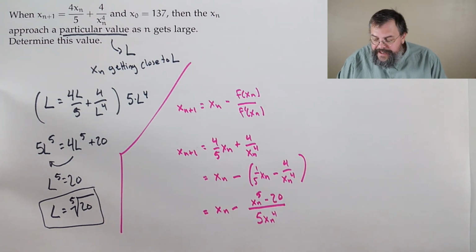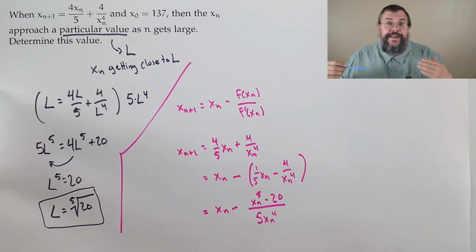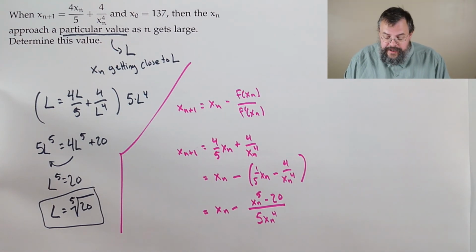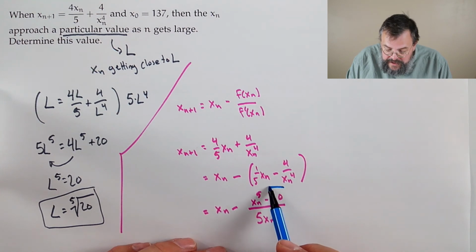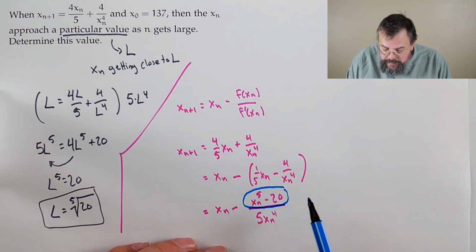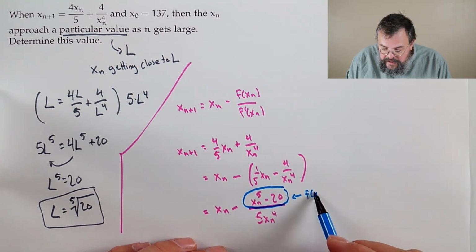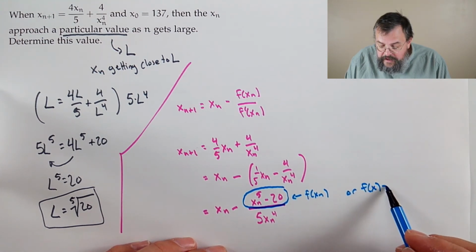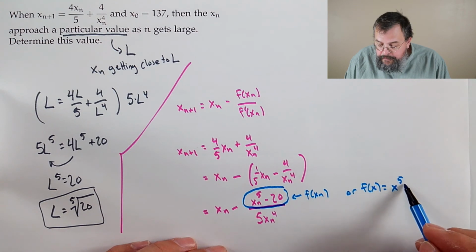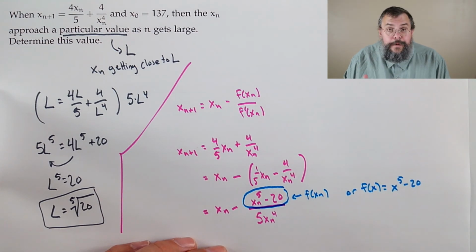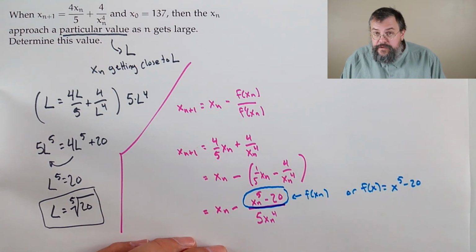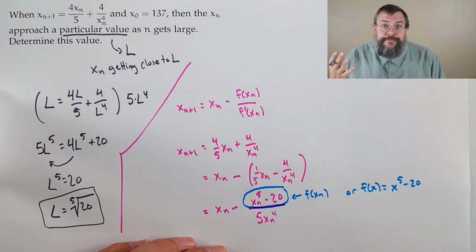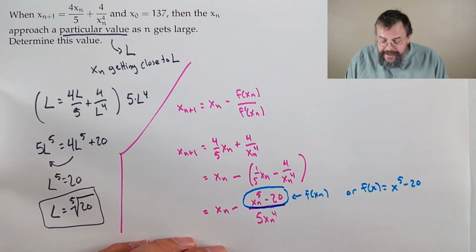Stare at this for a second and ask yourself the question, does this look like Newton's method? In other words, if I'm thinking of this top here as being my f of xn, what I really get is that f of x would be x to the fifth minus 20. What's the derivative of x to the fifth minus 20? Well, it's the derivative of x to the fifth, it's 5x to the fourth.